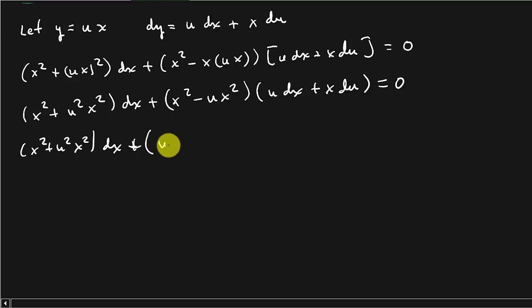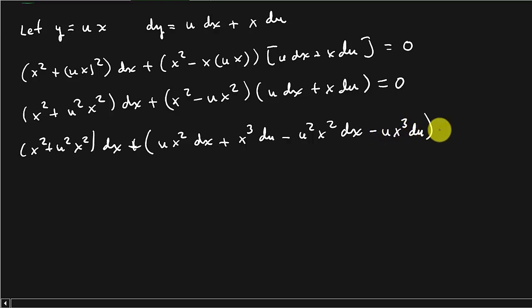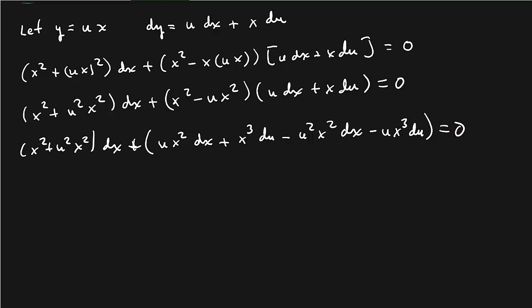So that's going to be ux squared dx plus x cubed du minus u squared x squared dx minus ux cubed du equals 0.